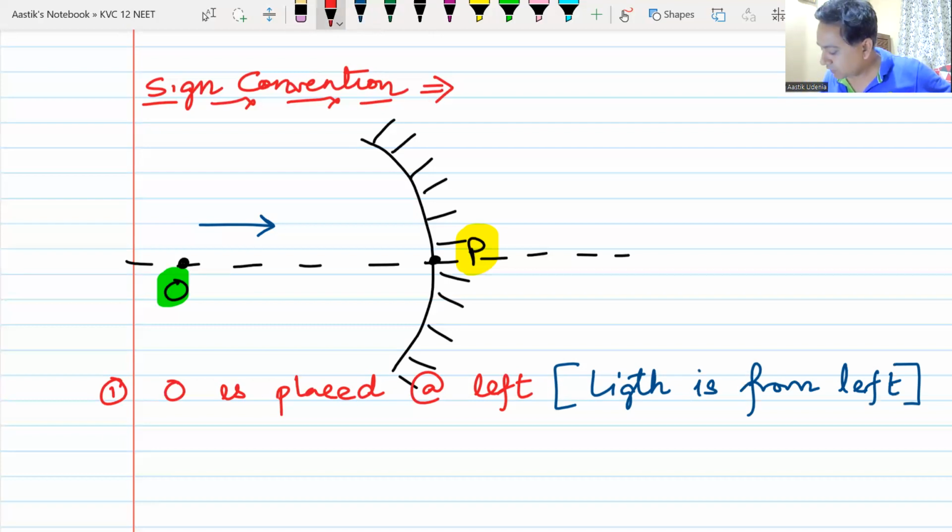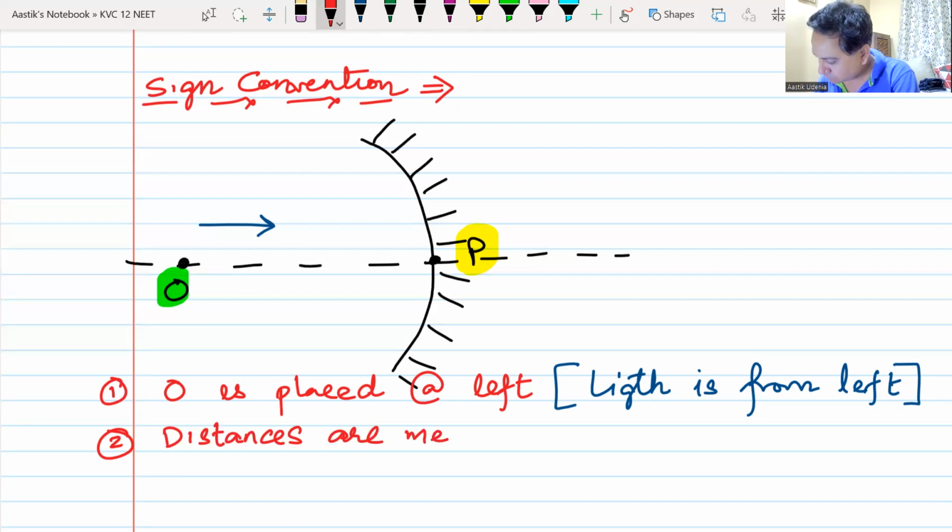Anyways, number 2. Since it's a sign convention, you must have some origin. From where are you going to measure the distances? Distances are measured from where? What is their origin?